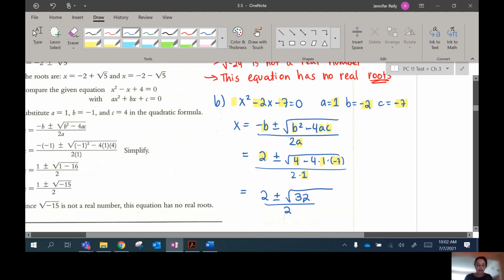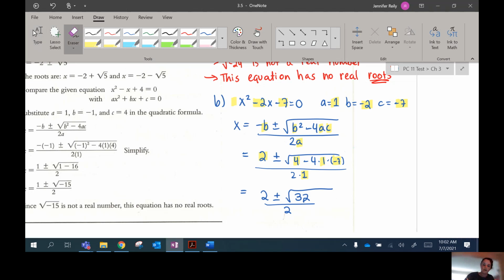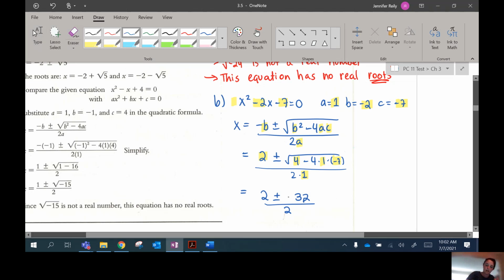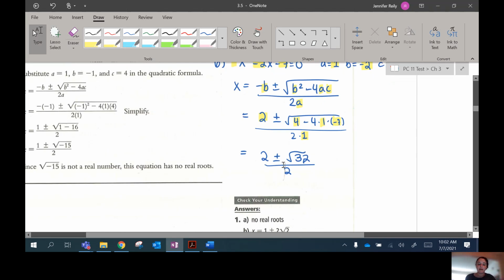And we do want to simplify this down if we can. So we have to remember back to the previous chapter when we learned how to simplify square roots and make them into mixed square roots. So 32 can be written as 16 and 2, and square root of 16 is 4.